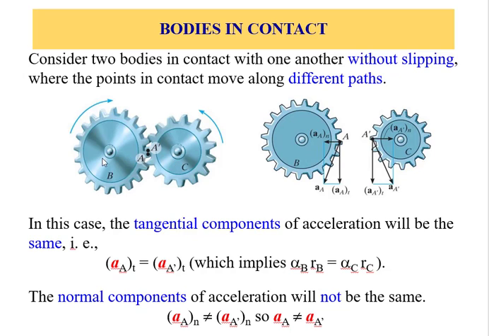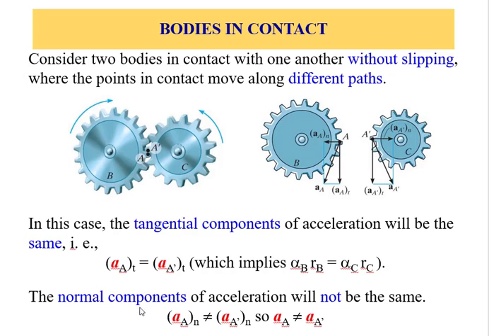And we know the tangential acceleration is equal to alpha cross RB, as seen from B, and from the right side it is alpha, the angular acceleration, multiplied by RC. Now that's in magnitude.